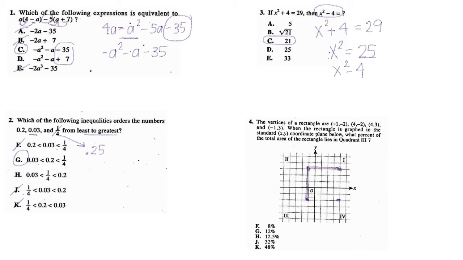And let's see, what does it want us to do with this rectangle? When the rectangle is graphed in standard position, what percent of the total area lies in quadrant 3? So a quick review here, and they already have these numbered for you. It's talking about quadrant 3.